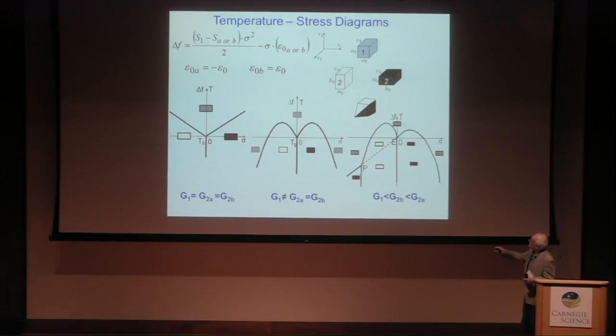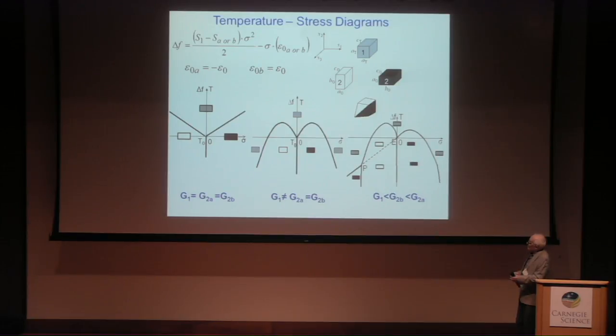If both elastic properties, white and black phase, are the same, we have symmetrical parabolas, which you can see here. The space is stress and temperature. Instead of temperature, use delta free energy, which is more or less proportional to temperature. Of course, this simplifies the picture. We have symmetrical parabolas like this.